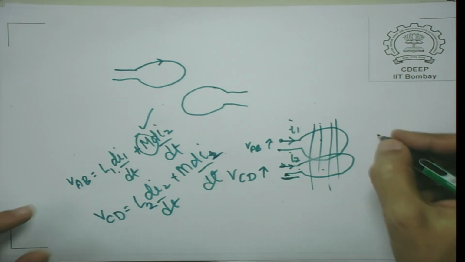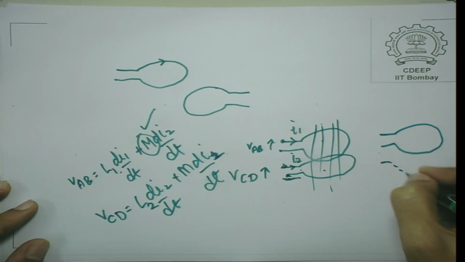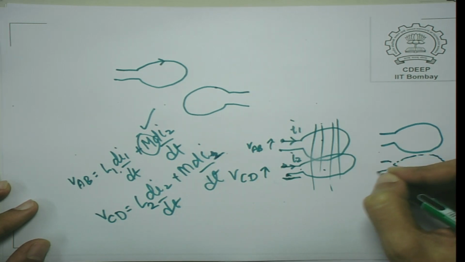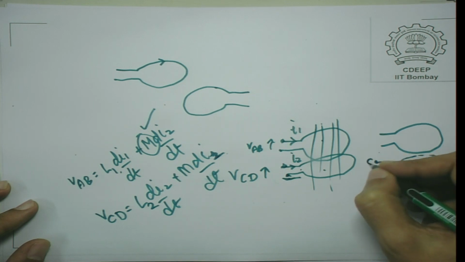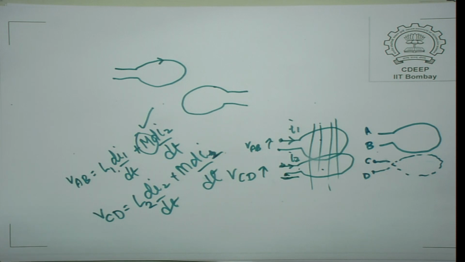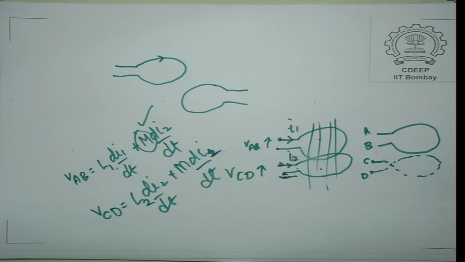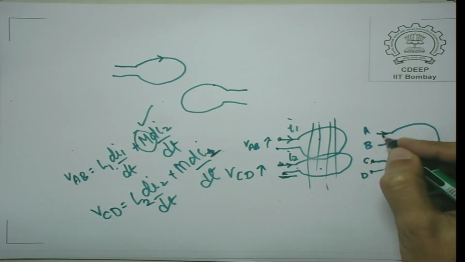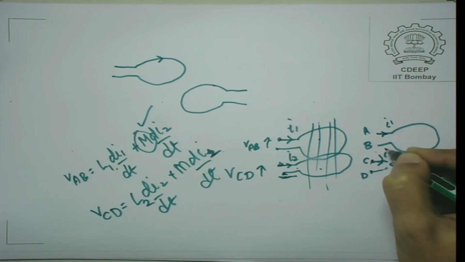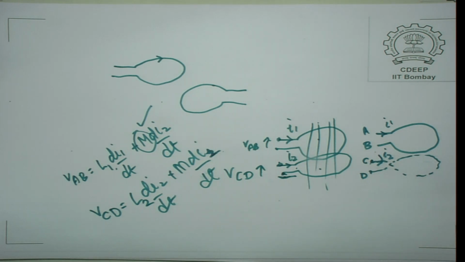If you have got the same situation, but this is wound in the opposite direction like this, and I call these C and D, A and B. In that case, for the mutual inductance, and you are again measuring voltages in this fashion, the M will come out to be negative. So, if you are again having VCD and VAB and the current directions like this, then the correct relationship will have M coming out to be negative. So, this is an interesting thing which you can verify.